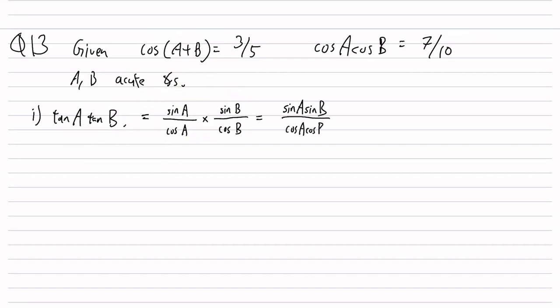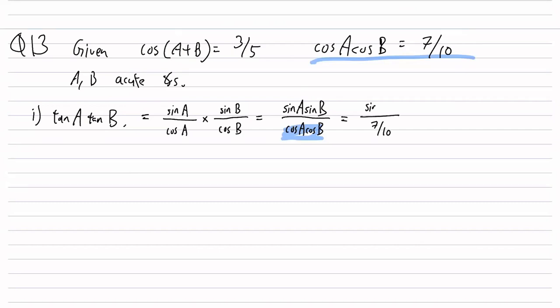Is there something you can substitute now? Top or bottom? The bottom. The bottom can be replaced directly with this fellow here, right? Let me just use a highlight blue color. It's just 7/10 at the bottom.